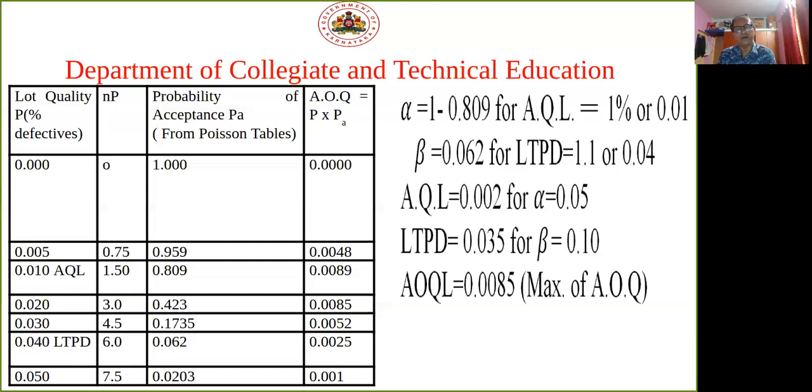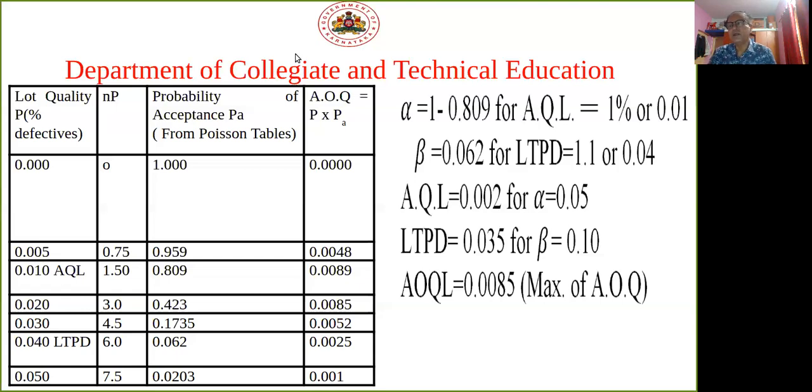And when you multiply that PA with P, you will get AOQ, the average outgoing quality, that is the product of P into PA. So you form another column which indicates P into PA, and that will give you the outgoing quality.